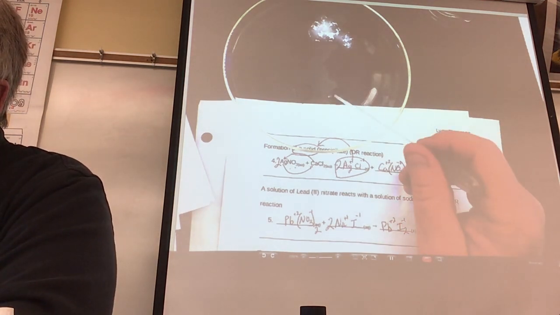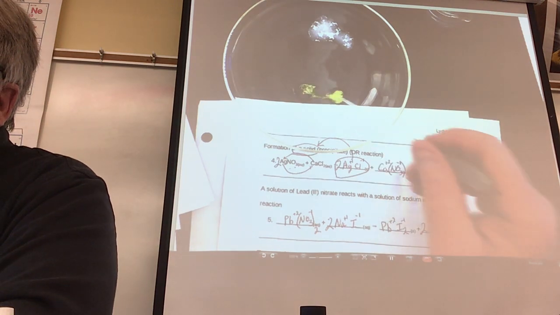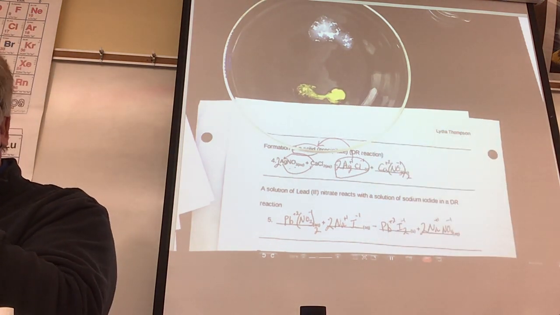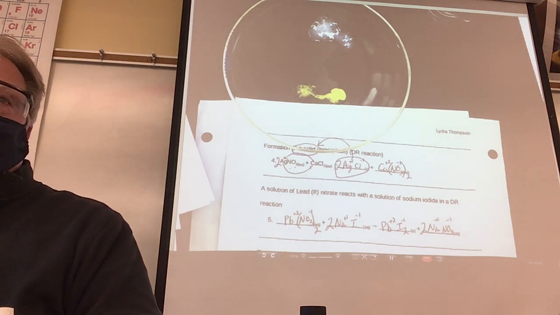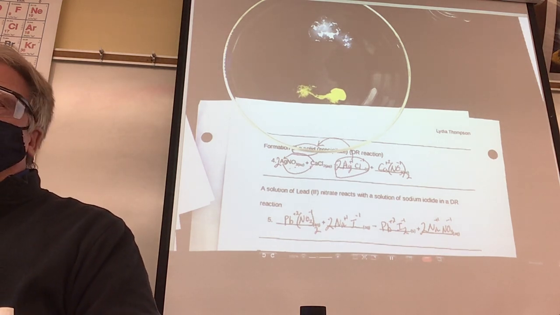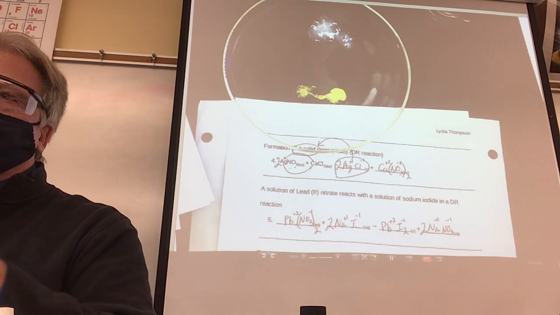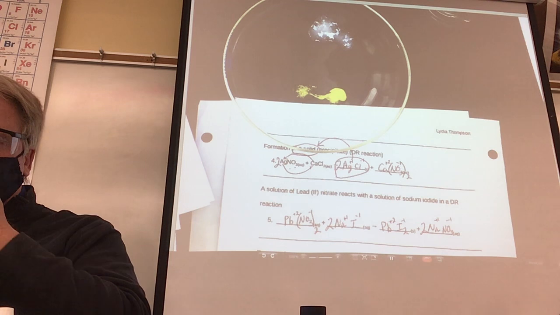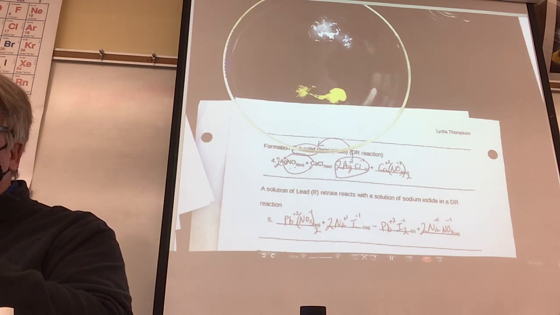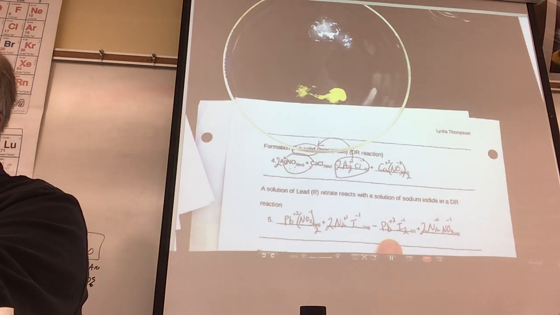Be careful. Watch it. Woohoo! Look at that one. All right. And next chapter, I'll show you how you know which one of those is the solid, okay? It's this one, but you don't have to know that for this chapter.